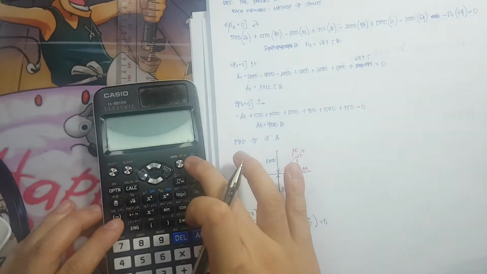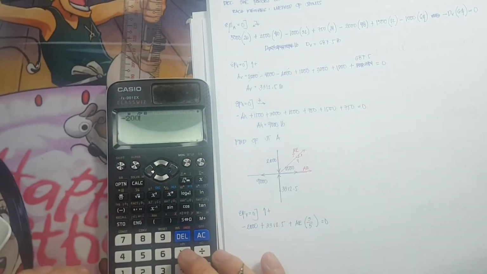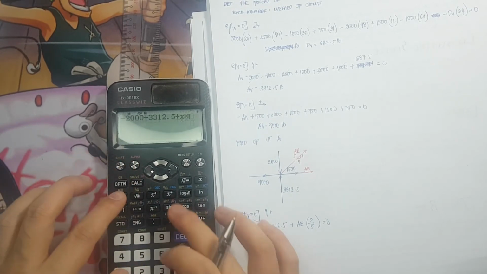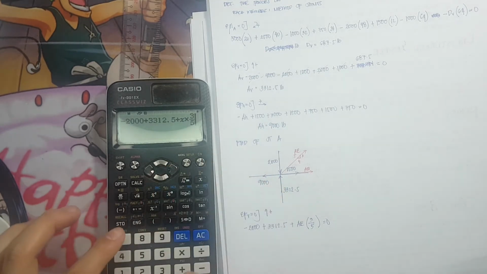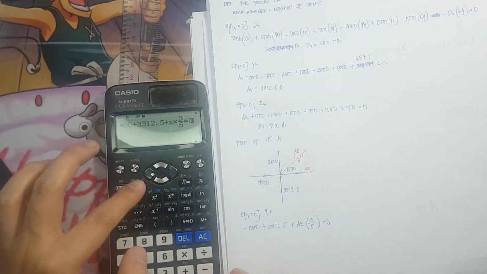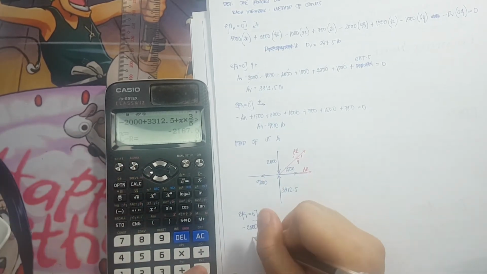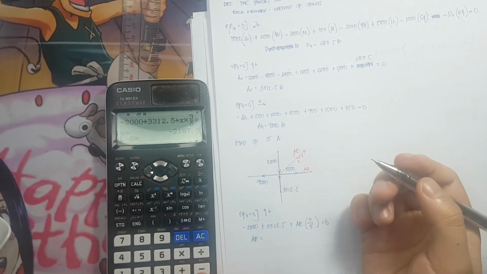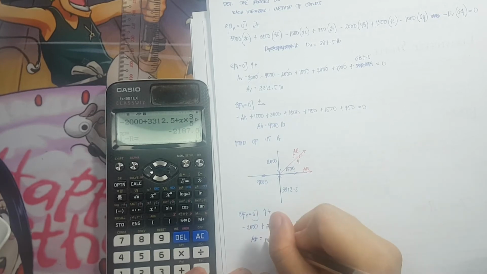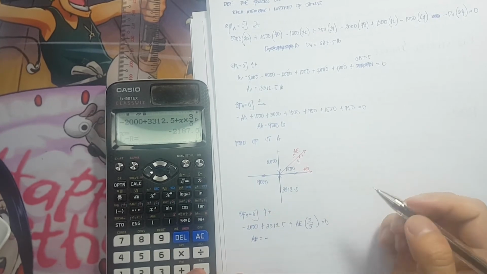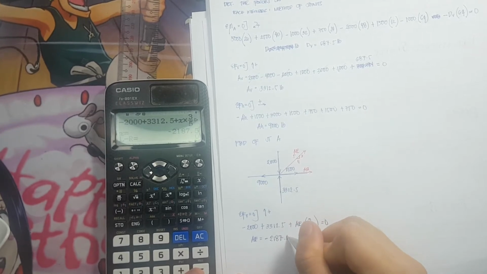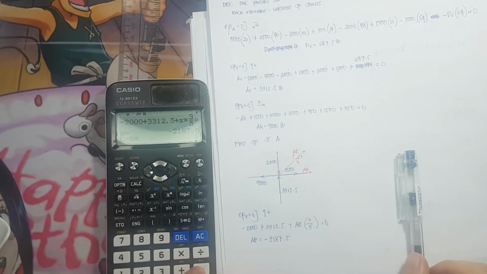So we have negative 2,000 plus 3,312.5 plus AE times 3 over 5 equals 0, and AE is equivalent to negative 2,187.5.